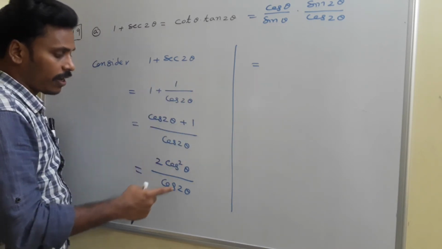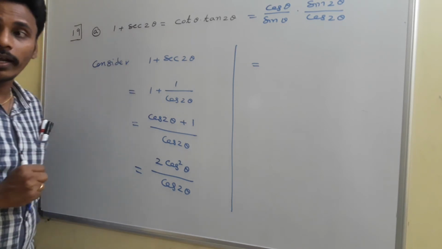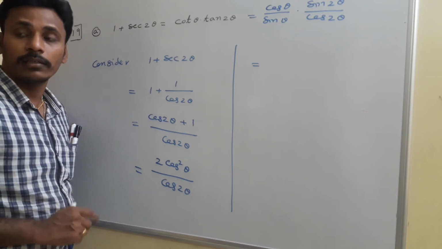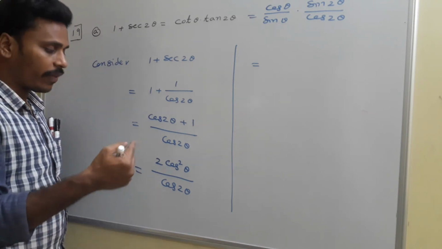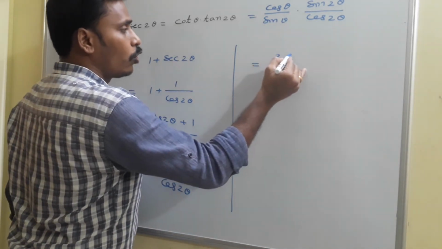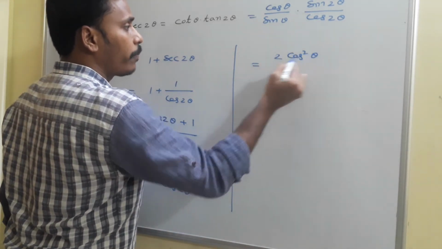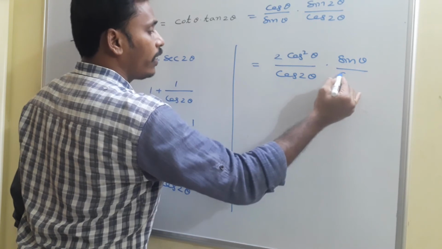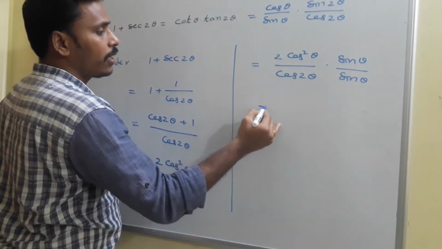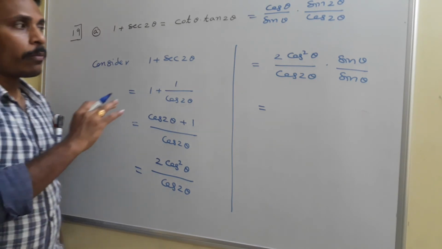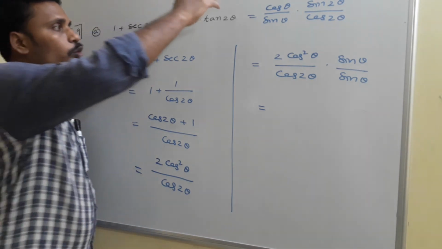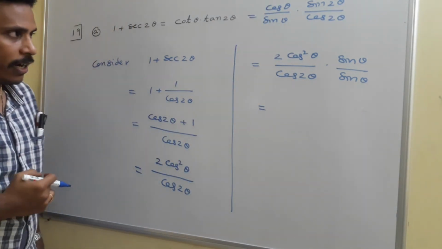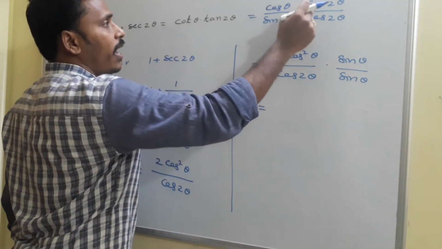See 2 cos square theta by cos 2 theta. What do I need more? Cos 2 theta is there in the denominator, but there is no sin theta in the denominator. So multiply with sin theta and divide with sin theta. This equals 2 cos square theta divided by cos 2 theta into sin theta, divided by sin theta. Now the denominator is almost okay. In the numerator, along with cos theta, I need sin 2 theta.